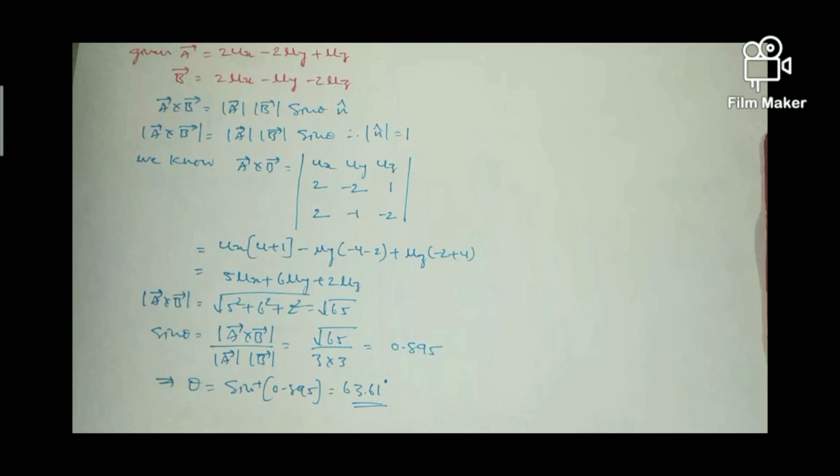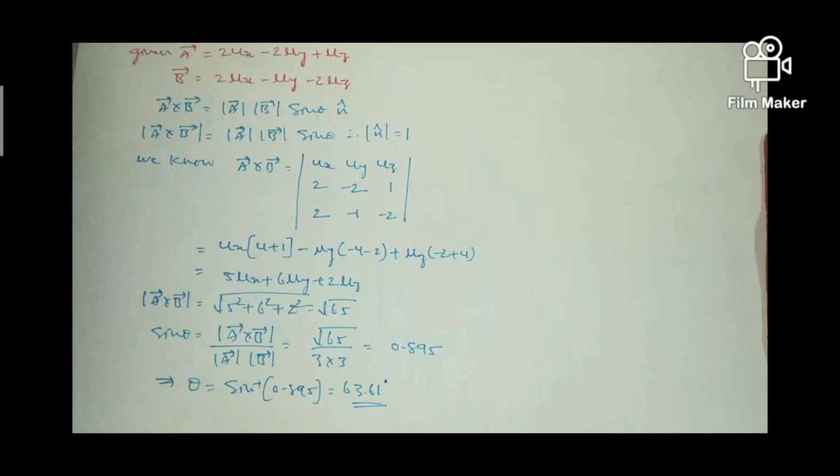And the magnitude of a bar cross b bar is equal to square root of 5 square plus 6 square plus 2 square, which is equal to square root of 65. And we have already calculated the magnitudes of a bar and b bar, which both are equal to 3.